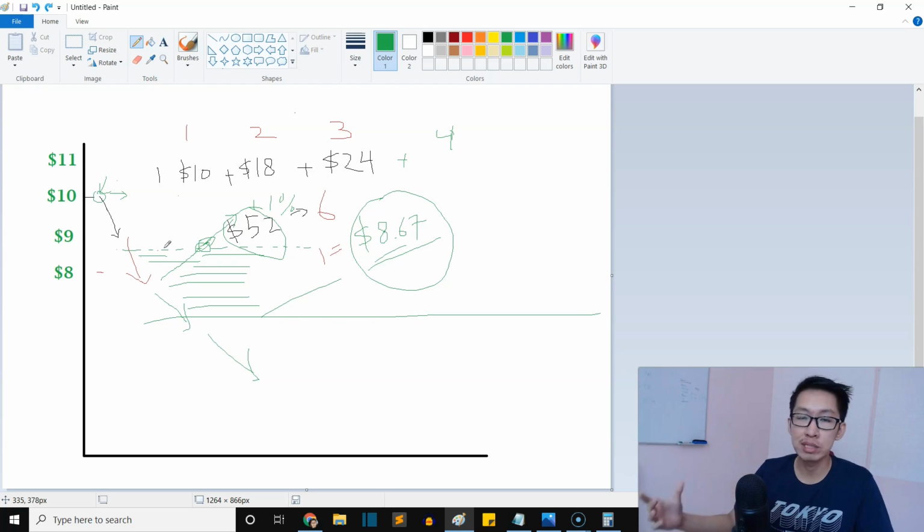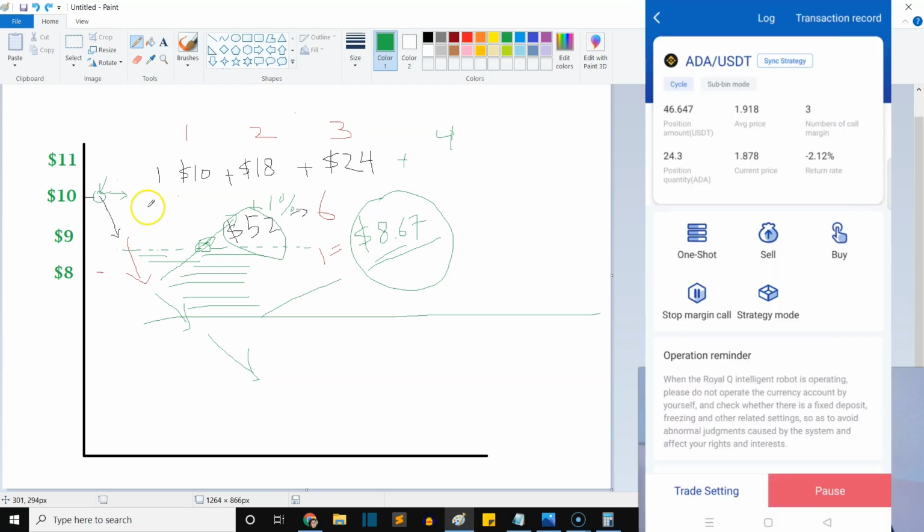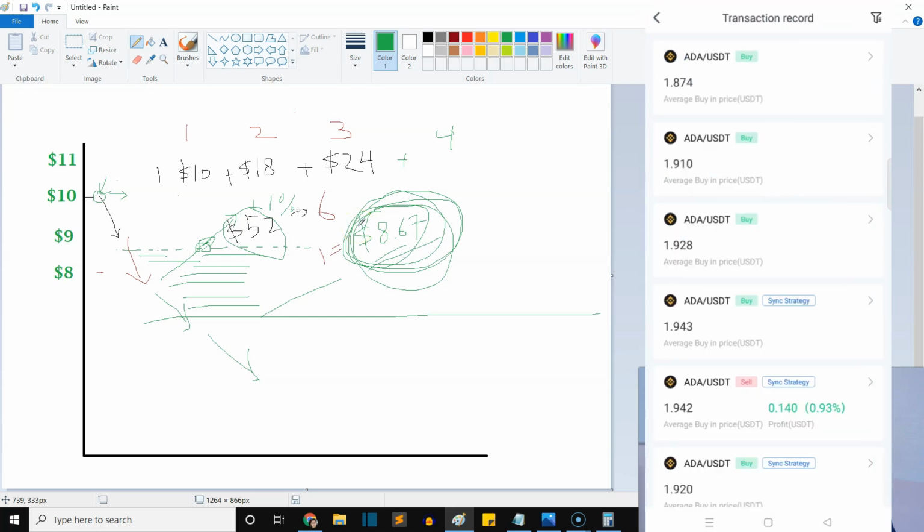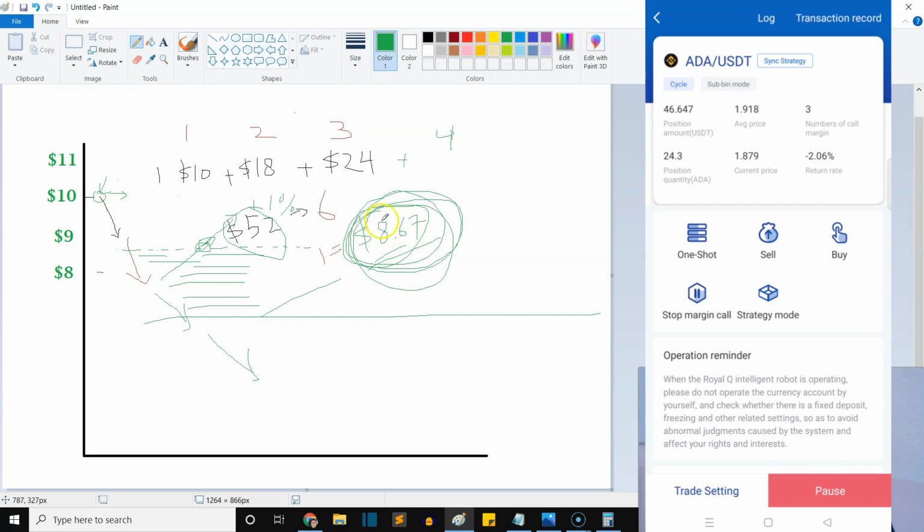They will use 100% of it, and then it will minimize your average price for that coin. You will see right here, that's the average price. So instead of you seeing the transaction record, you don't see it, okay? It will throw back into the system and you can get a lower average price. When the market rebounds just a little bit, you will start earning real profits. So that's the strategy mode.